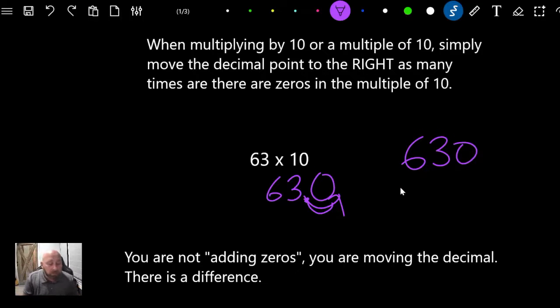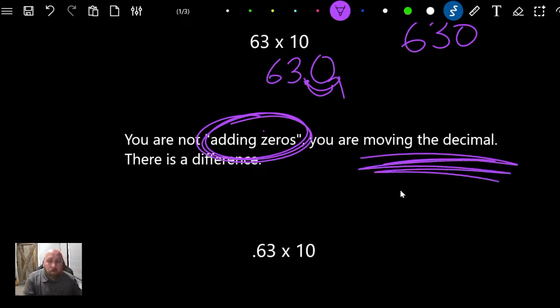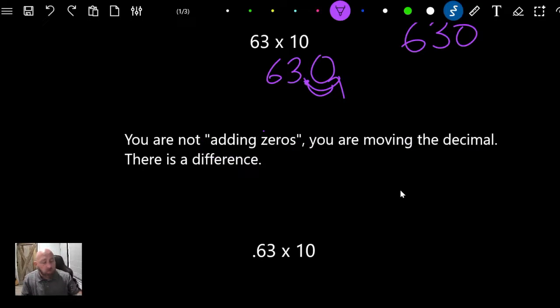Now be careful, there is a big difference between adding zeros and moving the decimal. We are not just adding zeros, okay? So watch this one. Basically I have the same exact numbers, right? Here's 63 times 10. Here's 0.63 times 10.